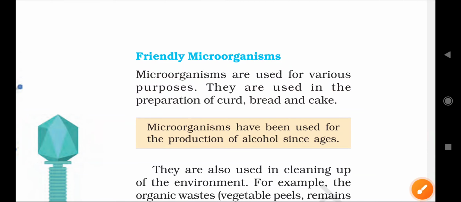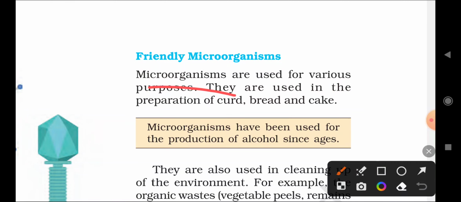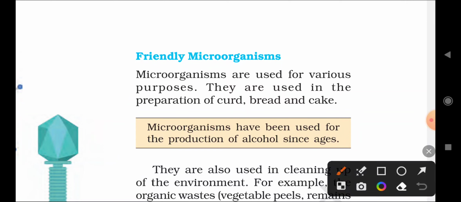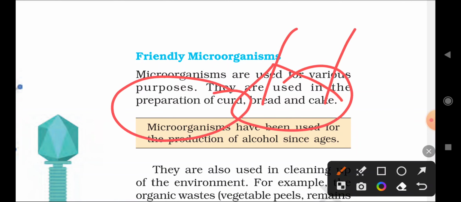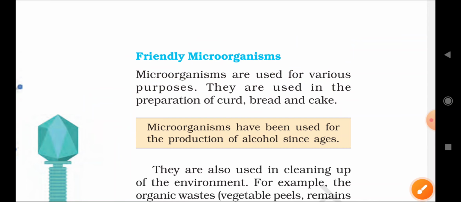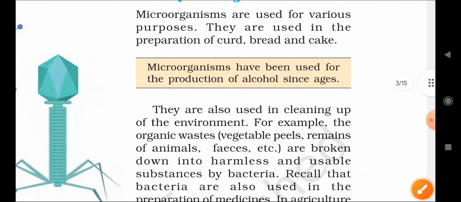Remember that microorganisms are used in the preparation of curd, bread, and cake. Whatever we eat from the bakery, those items are prepared with the help of microorganisms only. Bread, cake, and curd are also prepared from friendly microorganisms, right?